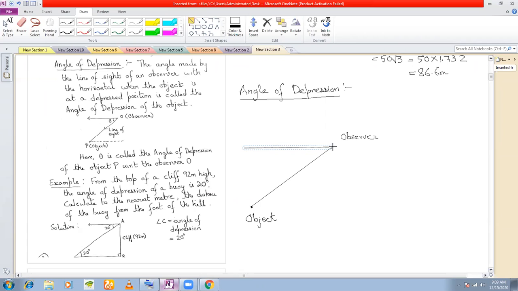Next, this is the perpendicular height of the observer from the ground level. And this is your ground level. Sorry, this is your horizontal. Ground level is also horizontal. This is your horizontal. This is your line of sight.